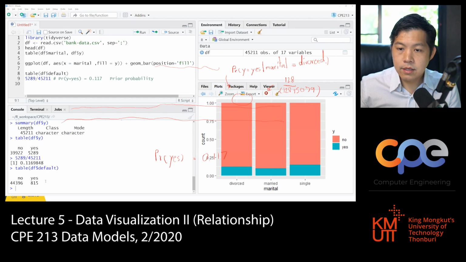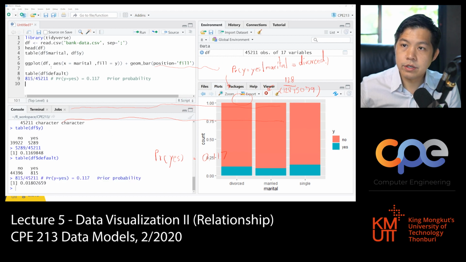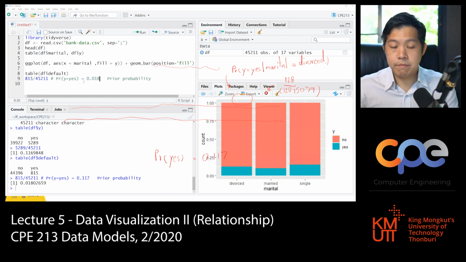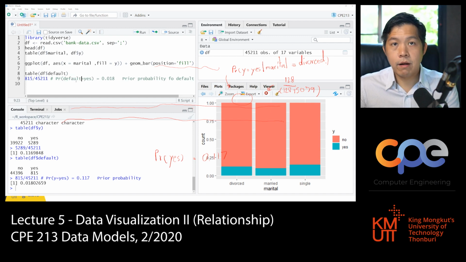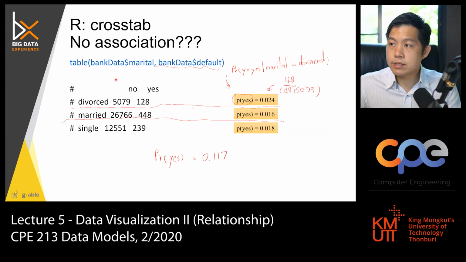And that is 815, which is 0.018. This is the prior probability for default equal yes. Not y, sorry. This is my mistake, right? Prior probability of default equal yes equals 0.018. Now let's compare this.